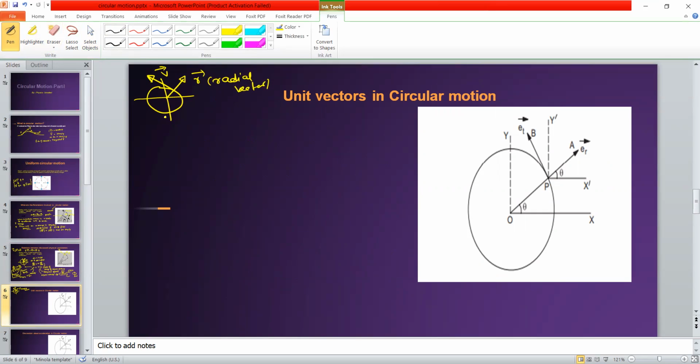So in one sense, we may write that two unit vectors are involved. Unit vectors basically give directions; these are directional vectors. So there are two types of directional unit vectors in a circular motion.